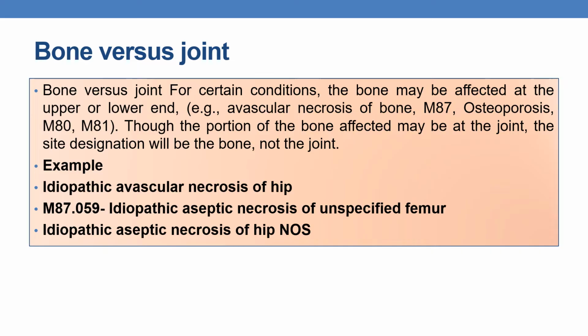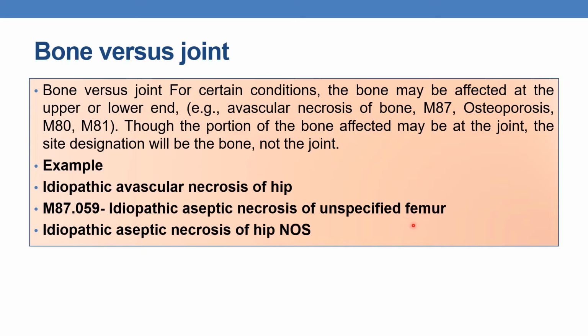For example, avascular necrosis codes are specified for each bone, not the joint. A classic example is if the physician documents idiopathic avascular necrosis of hip. We know that hip is a joint, and though the physician has documented a joint name, actually the bone has been affected and the appropriate code is M87.059, idiopathic aseptic necrosis of unspecified femur.